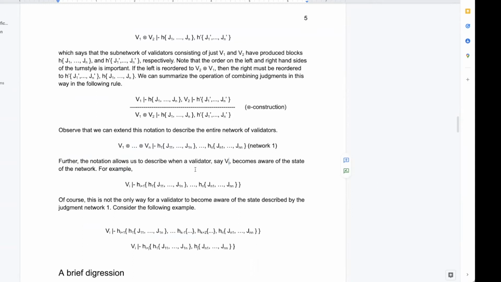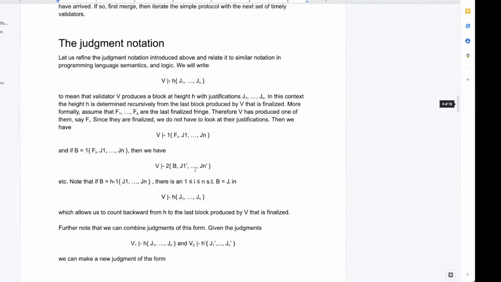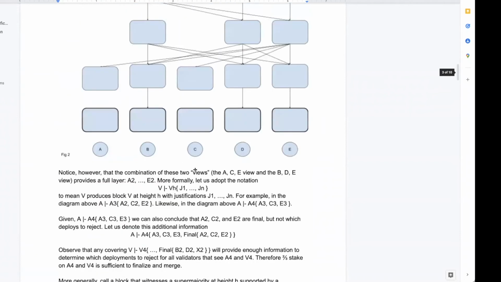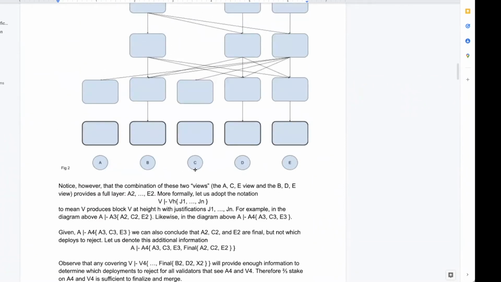If you want to go back up to the diagram. Mm-hmm. If I get this correct, that final row of blocks are the ones that are diagrammed in a black outlining that represents they're finalized.